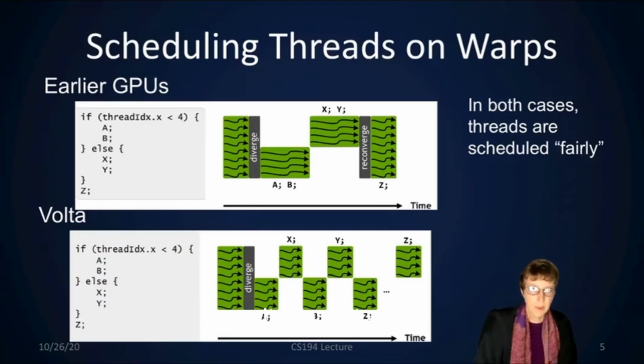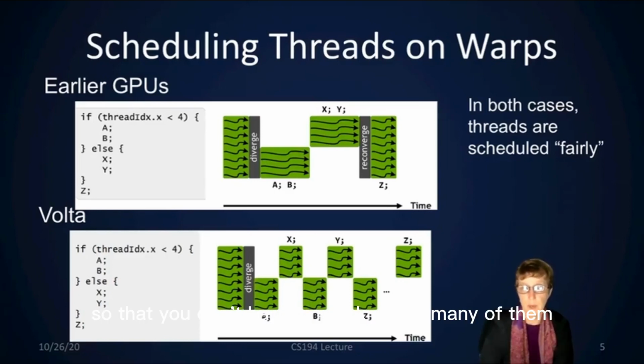Now, it turns out if you look at the white paper on the Volta, you'll find that it talks about differences in the way these diverging threads will be handled. It's a little bit more efficient on the Volta in the sense that, I believe, it can rearrange a chunk of threads that are all going down the same branch and execute those so that you don't have to mask off so many of them.